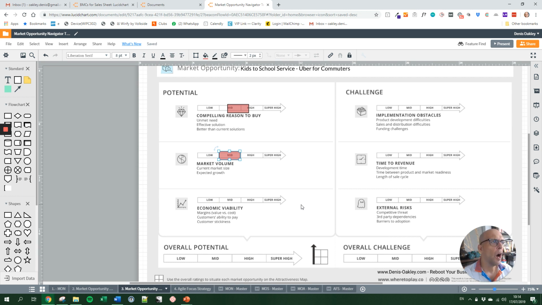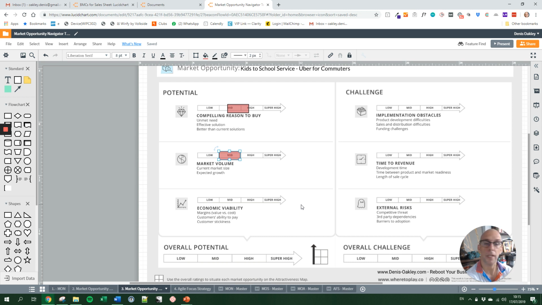Expected growth, it's going to be fairly stable for the next 20 years. Growth will come from user adoption rather than growth in the actual number of children. But I think a lot of growth will come from people, as technology enables things, it will become more acceptable. So I'll leave it at mid.